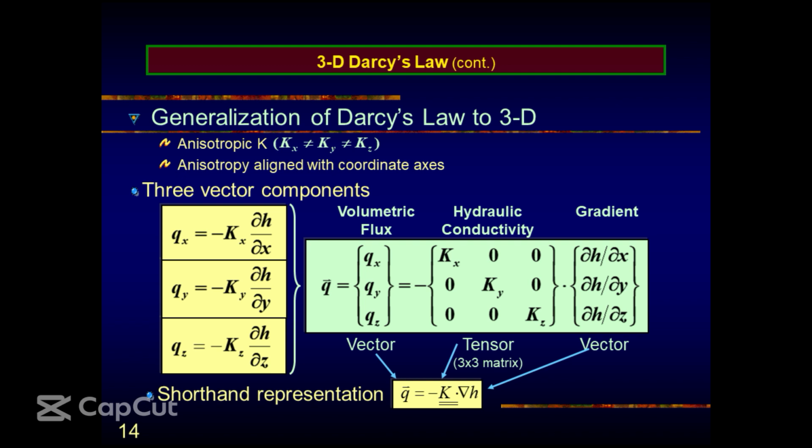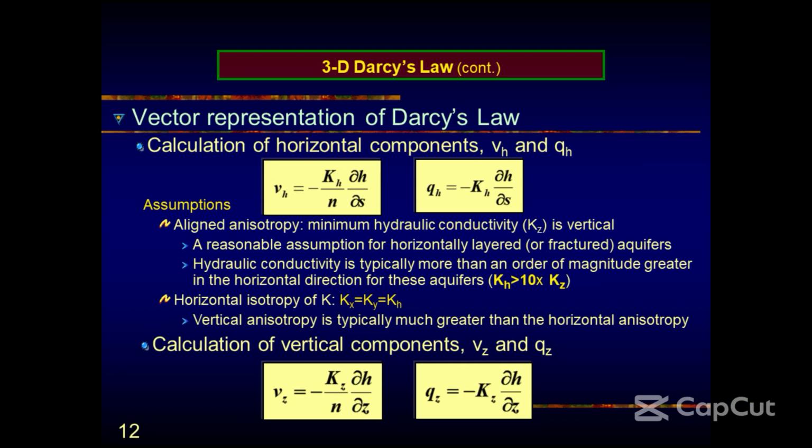And this is also true for other aquifer properties like porosity, because porosity can also be used to explain isotropy or anisotropy. But here, because we are talking about hydraulic conductivity, porosity largely remains virtually the same. The variation in the components is not significant. So, more often than not, we don't use n as a function of x, y, z.